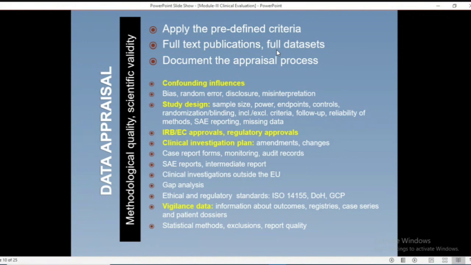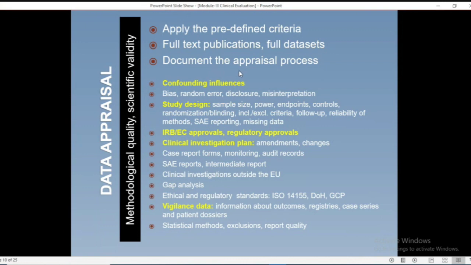Just like if I go through data and find a single word related to my devices, say implants, and I select only that part, that is not a good way. I have to select the full data, which means the full paper, and I have to give the full reference of that paper or data. This is a full text publication, full data set.